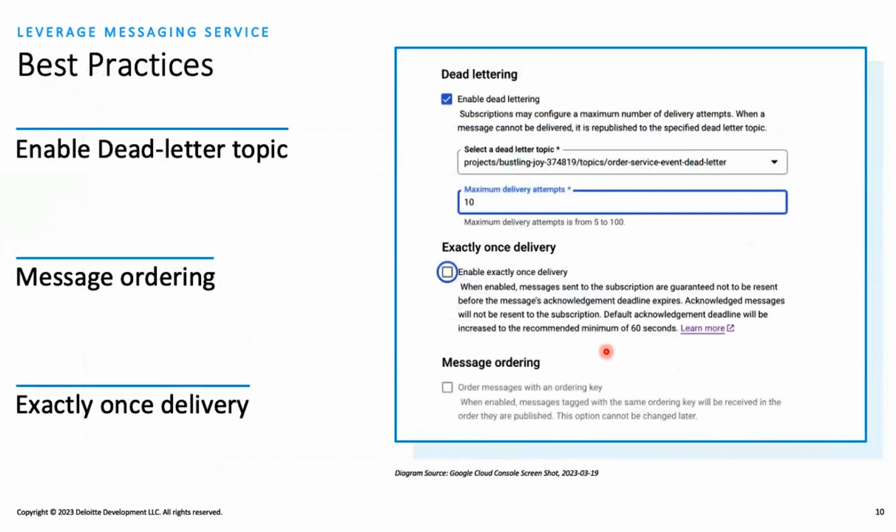If message ordering is important, for example, an order request should arrive earlier than a cancel request, you should enable message ordering with an ordering key. In this particular case, I did not create anything called order cancel request in our scenario, to keep it simple. But if you do have these kinds of needs, you need to have message ordering in place.